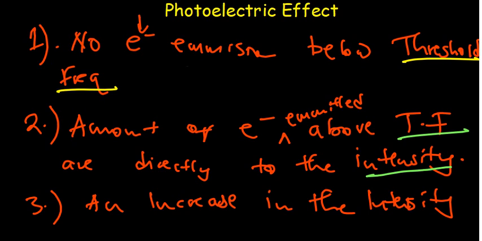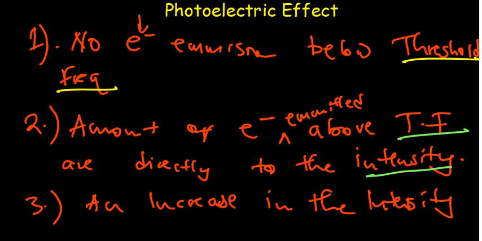Whether you increase the intensity of the light or not, provided the threshold frequency is not met, there is no emission of electrons, even as you increase the intensity of that light.